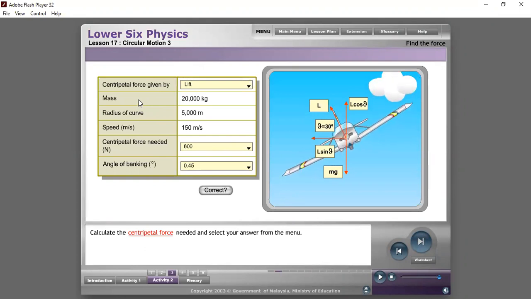Here mass is equal to 2000, curve with 5000 meter, and the speed is 150 meter per second. So we need to calculate how much the centripetal force is, still using mv squared over r.